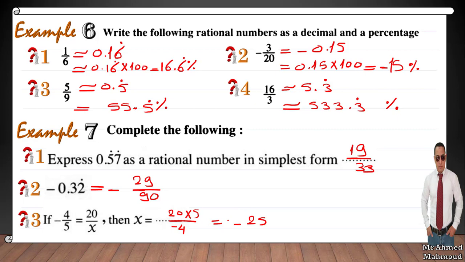Or another way, 4 times what equals 20? 4 times 5, so I'm going to multiply up and down times 5. And the negative comes down, negative 5 times 5 equals negative 25. You have now two different ways. The next question.